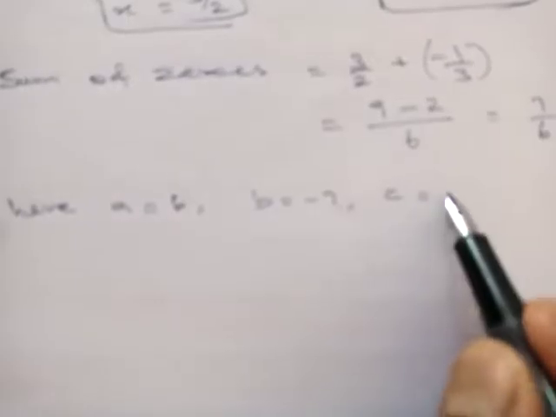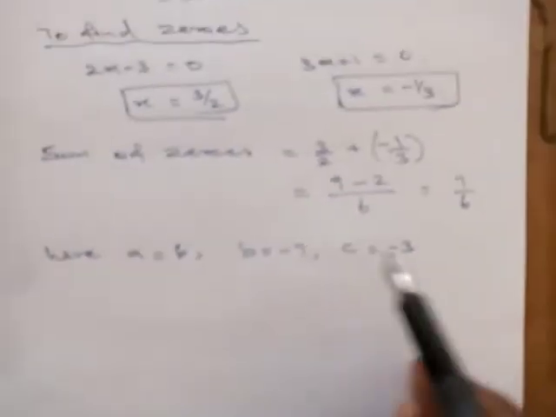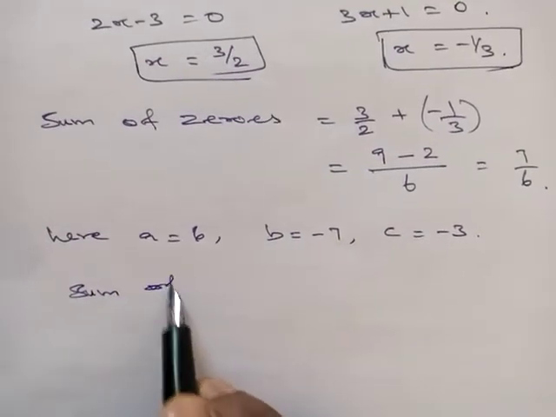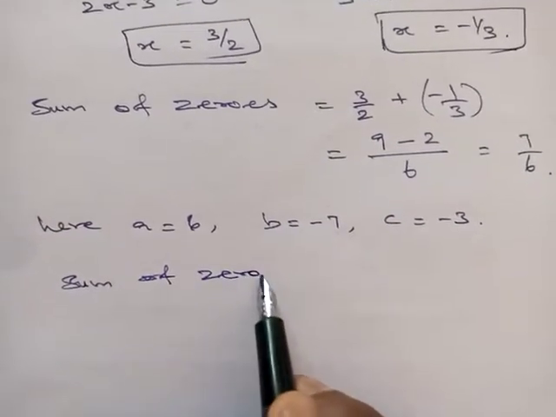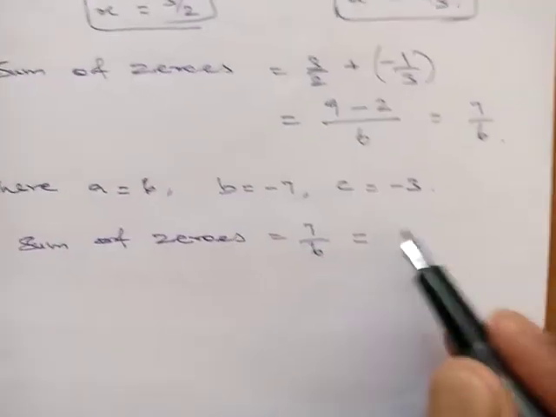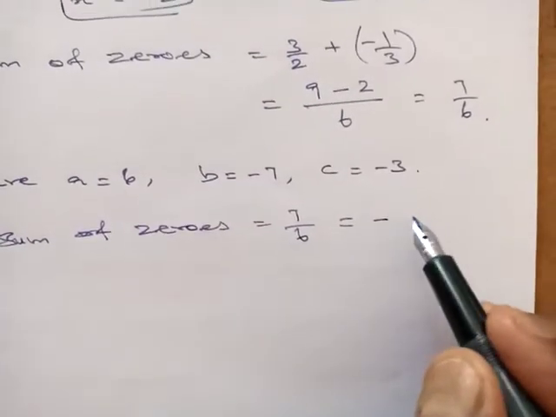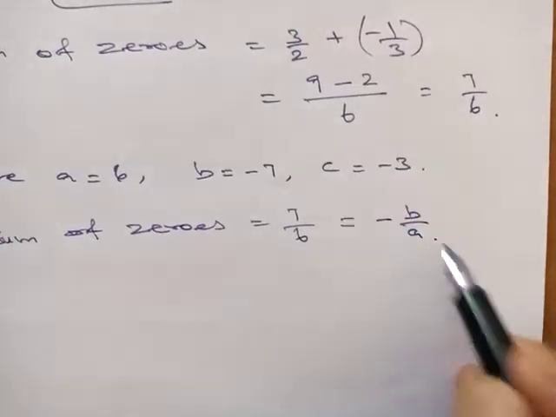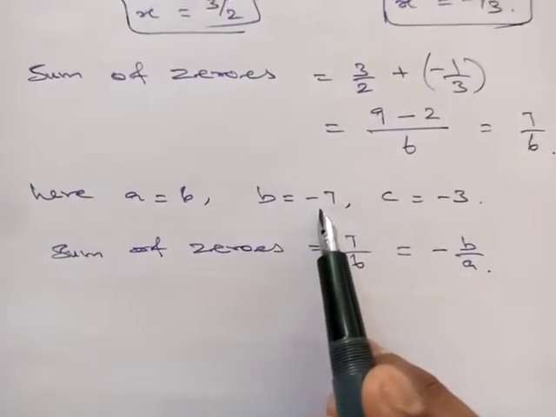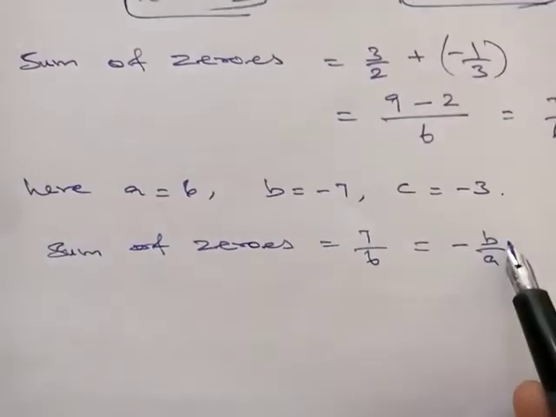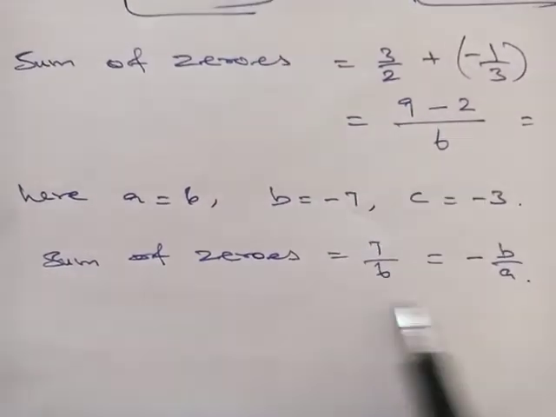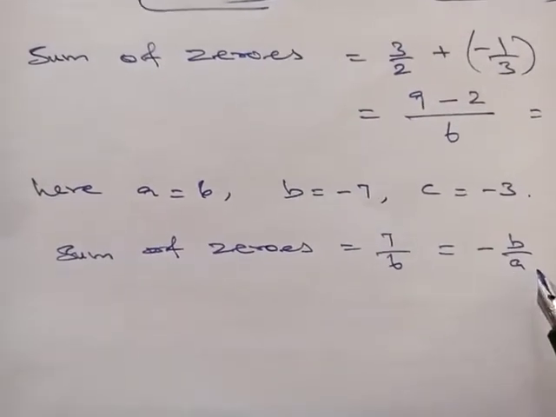Then the constant c is −3. So the sum of the zeros is 7/6. That is nothing but −b/a. See here, b is −7, so −b means 7 divided by 6. So −b/a. So here itself it's verified.